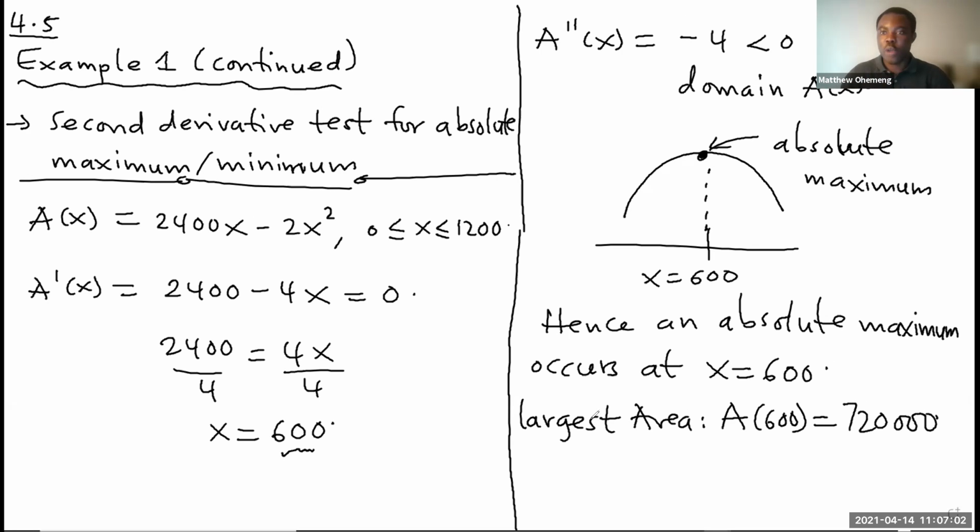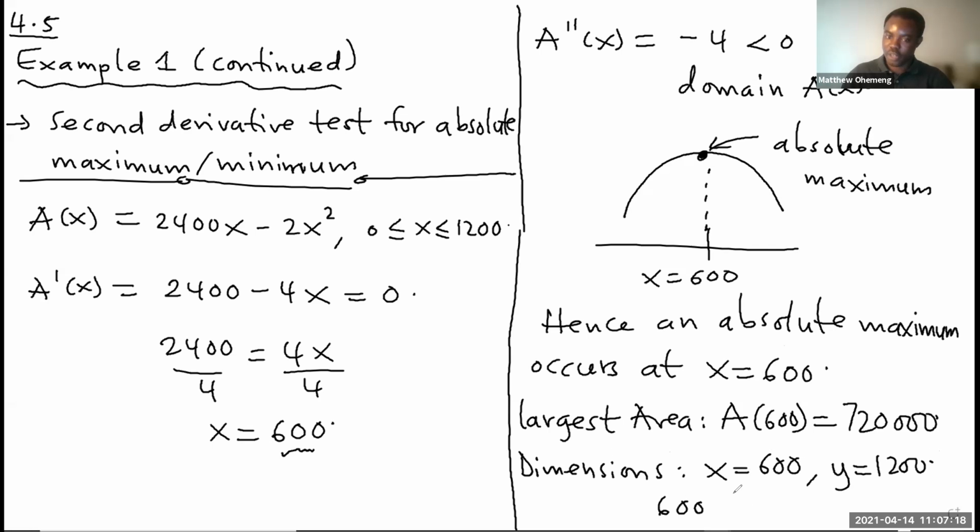And then it also asks for the dimensions. We already have the x. The x is 600. And then from last time, you saw y to be 1200. So the dimensions are 600 by 1200. So that's the conclusion of the problem.